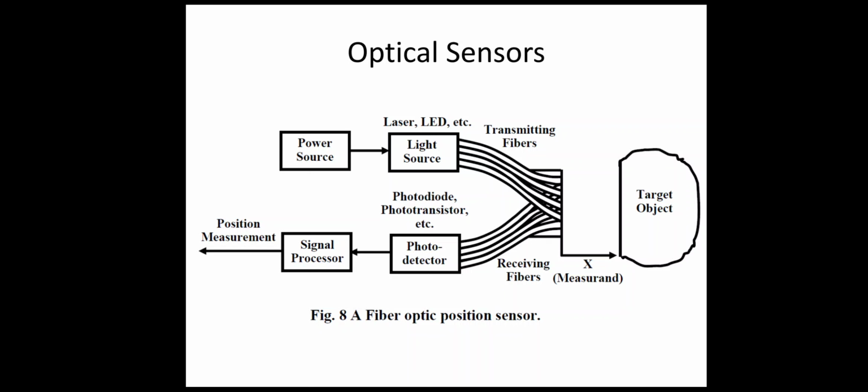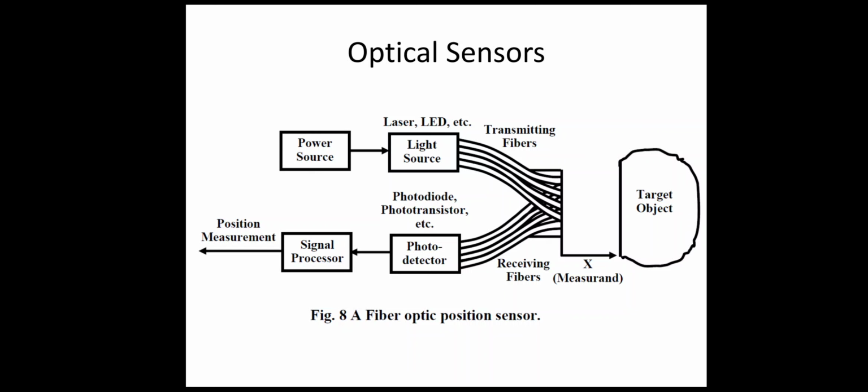Optical fibers are often used to transmit light to and from the measuring zone. Such a scheme with bundled fibers is shown here in this figure. One bundle of fibers is used for transmitting light from the source, and the other carries light to the detector.